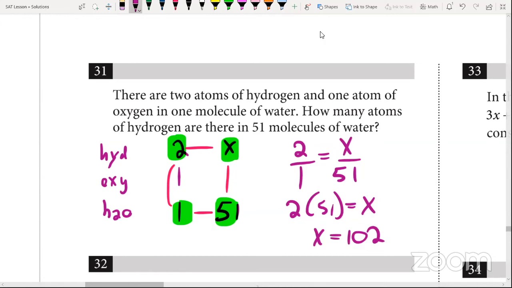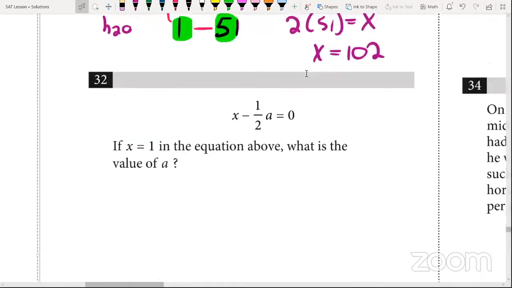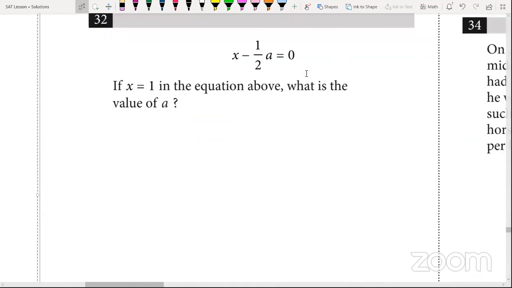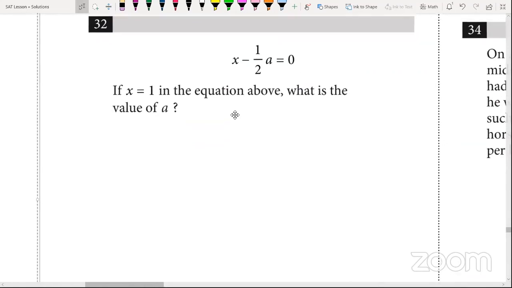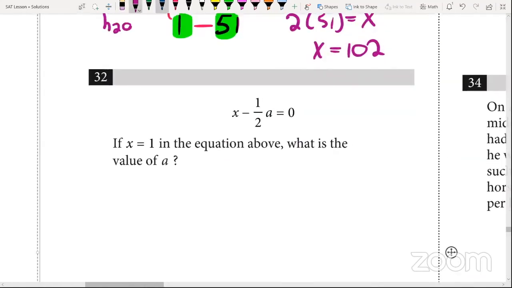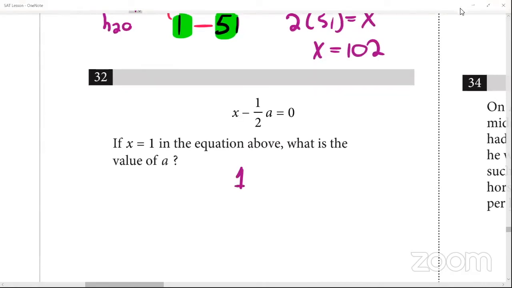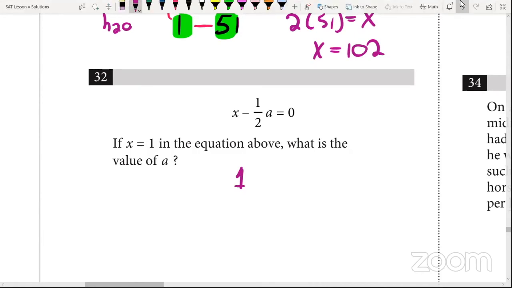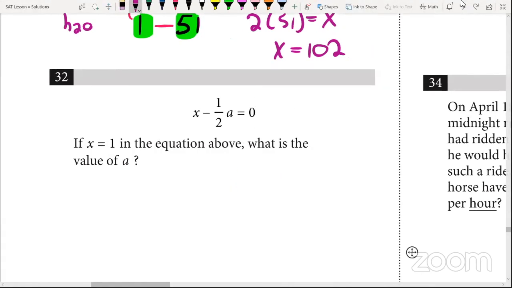Going over to question 32. Thirty-two is telling us x equals 1. So let's just plug that in. X is 1. So we'll say 1 minus 1/2 a equals 0.